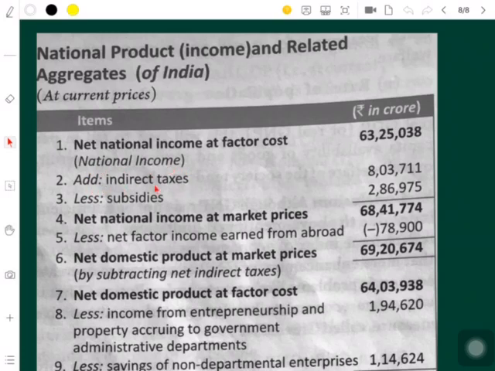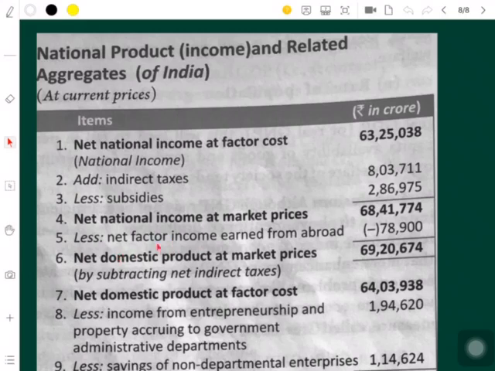When you add indirect taxes to it, it will become this part. Add indirect taxes, less subsidies, you will reach NNP, that is net national income at market price.